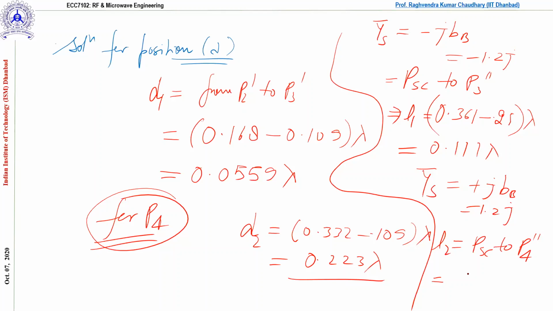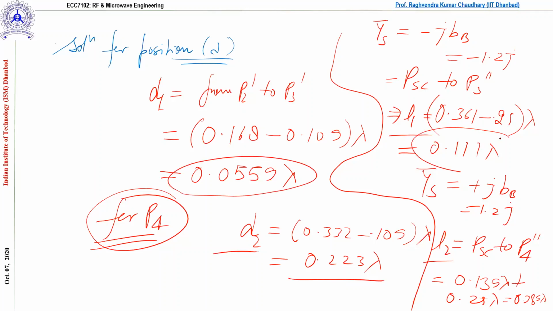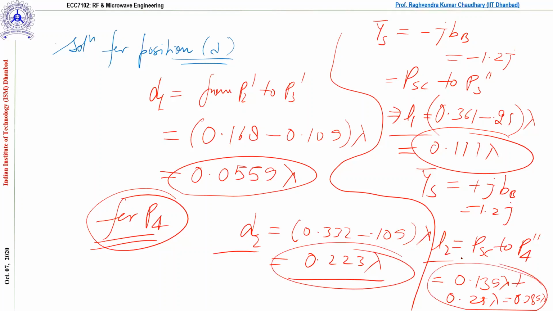This time you have to add. So this will be 0.139 lambda plus 0.25 lambda, which is 0.389 lambda. So now you have the two solutions, D1, D2, L1 and L2, correct? One set of solution is this, another set is this, correct?